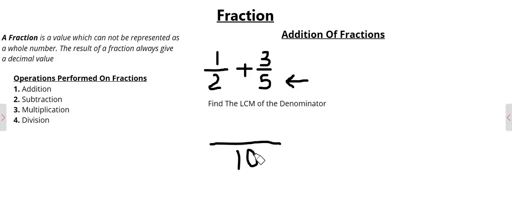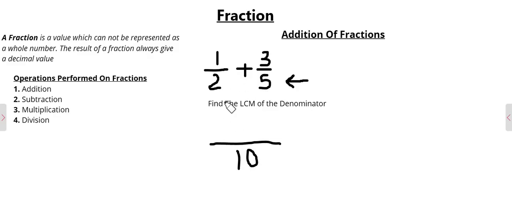Now when you find the LCM of the denominators, you divide and then you multiply by the corresponding numerator. So watch how we do it. We have 10 here as the LCM of 2 and 5.